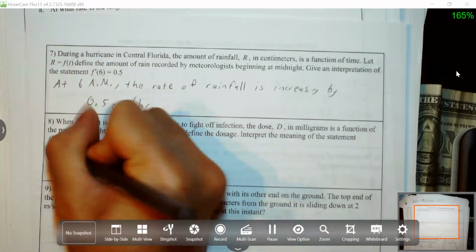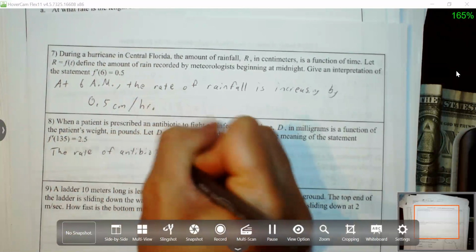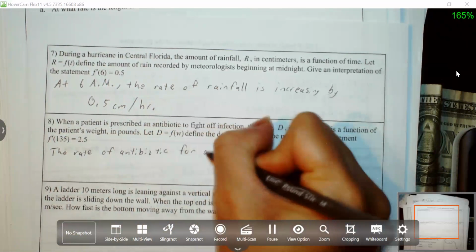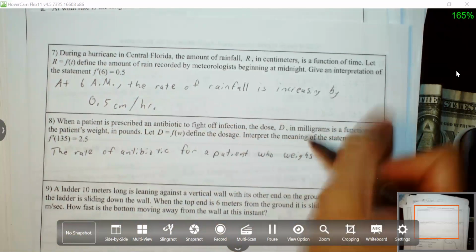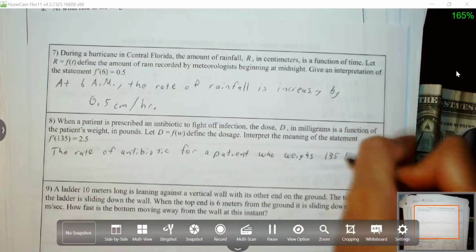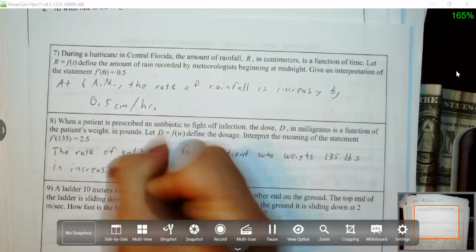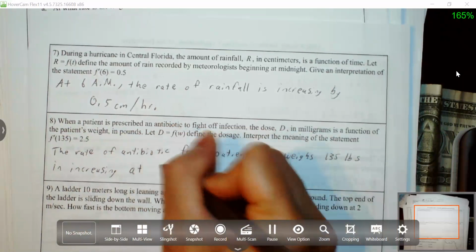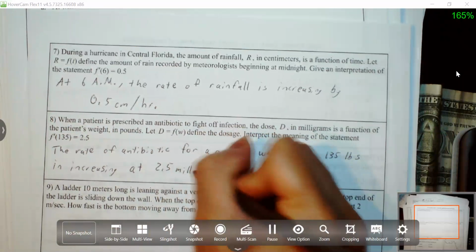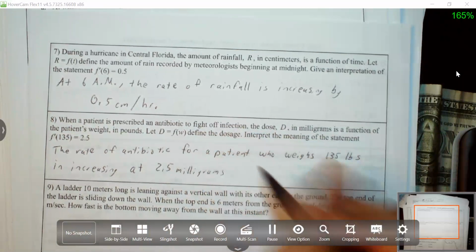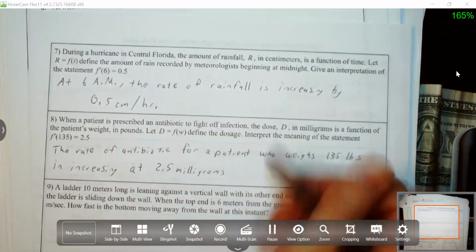So I could just say the rate of antibiotic for a patient who weighs 135 pounds is increasing at 2.5 milligrams per pound.